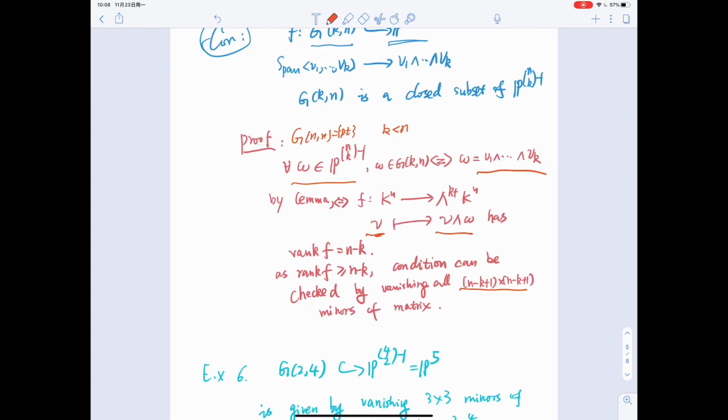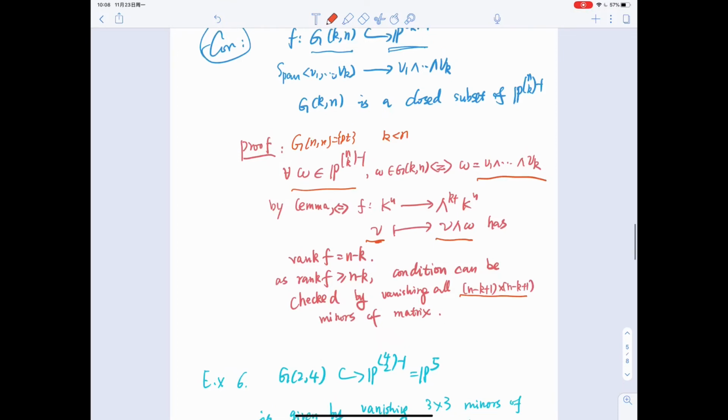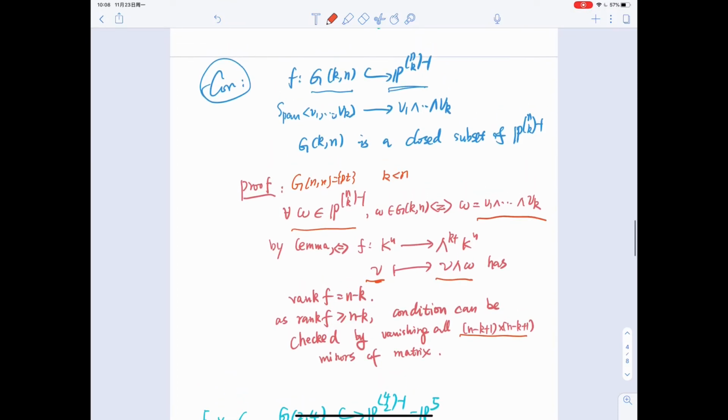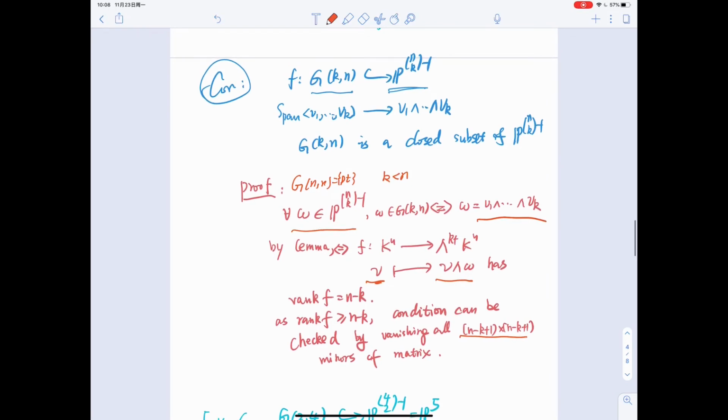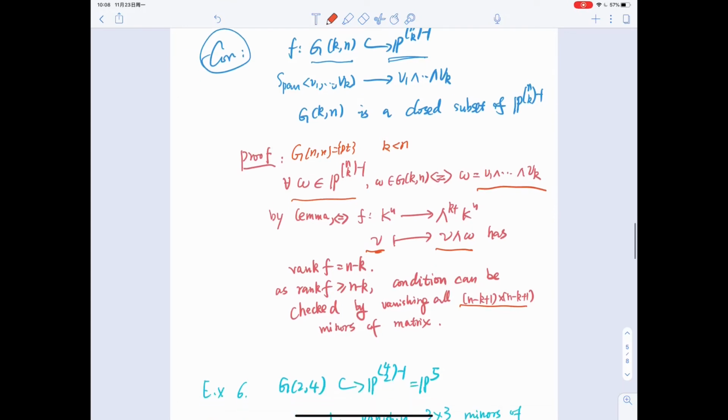So we can see that the condition for omega in G(k,n) is closed. So indeed, we have proved that G(k,n) is a closed subset of projective space and hence a projective variety.